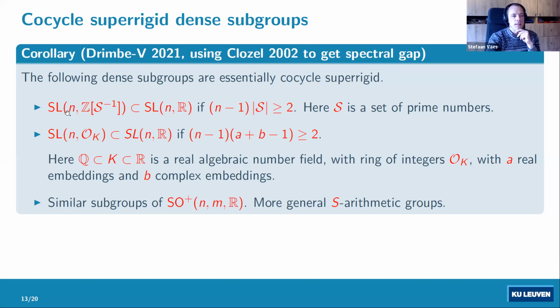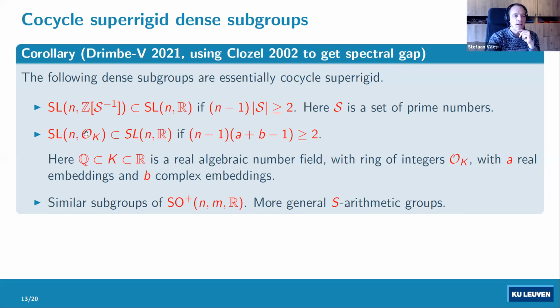So as I said, you can take SL_n(Z) to which I add enough primes into SL_n(R), and this is a bit of a silly statement. It means that if n is 2, you have to add at least 2 primes, and when n is 3, it suffices to add 1 prime, yeah?